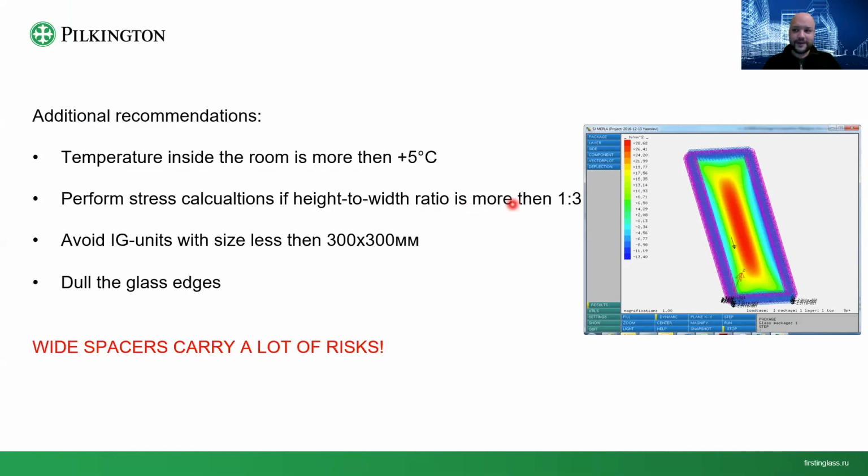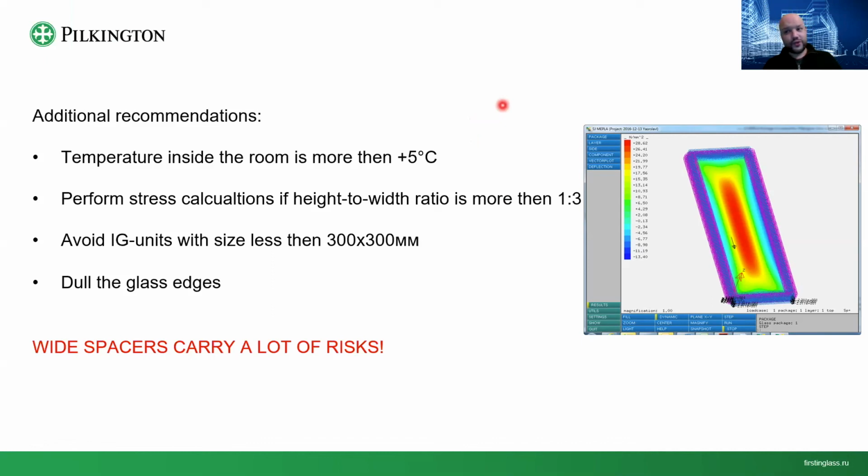For hot climates, it's really not necessary. For cold climates, it's a completely different situation. But for hot climates, 12 to 16 millimeters would be enough. And the golden rule is that for most IG units, in most cases, if you're using a spacer wider than 16, you had better have a good reason for that, because you are not doing your IG unit any good.